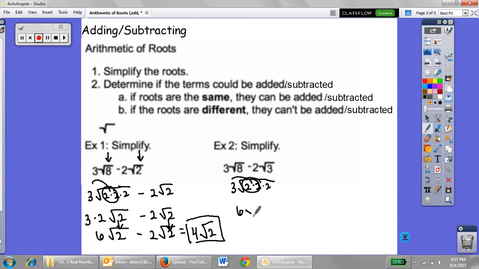So you get 6 square root 2 as that first part, minus 2 square root 3. Notice here that these are different roots, so we are not allowed to subtract the 6 and the 2 here because the numbers are different. You can leave this as your final answer, and that's as simplified as it can get.